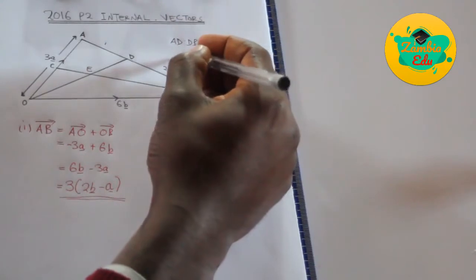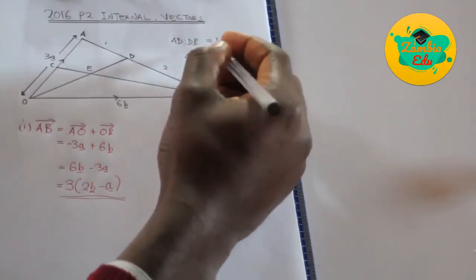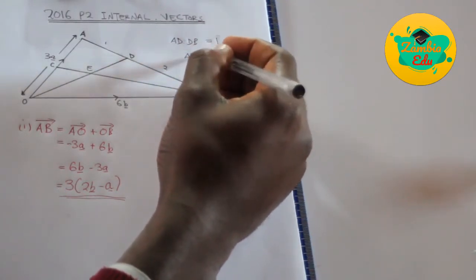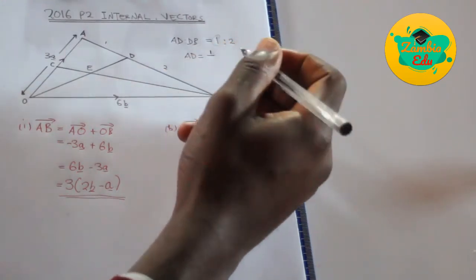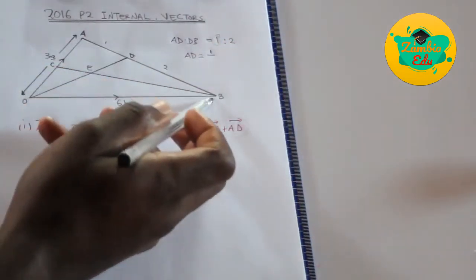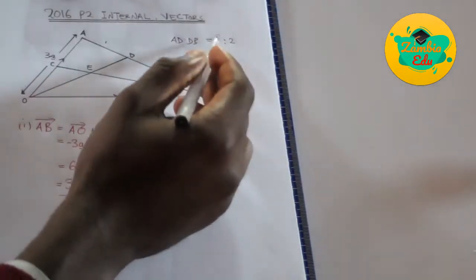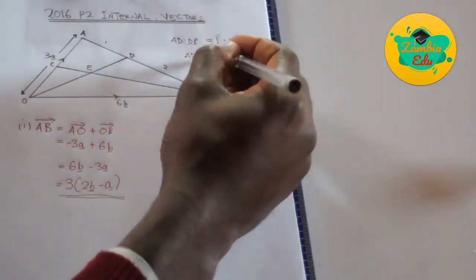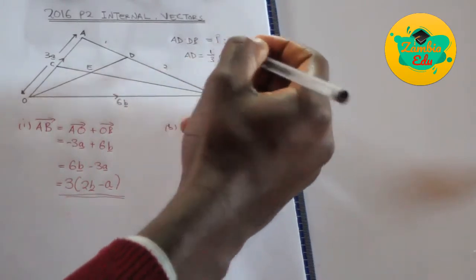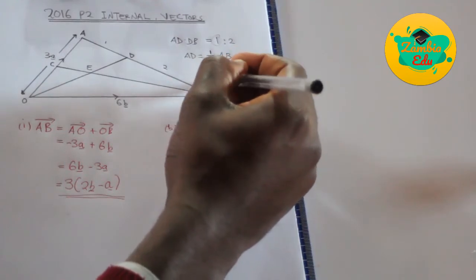According to the vector, we know that AD must be equal to, we have 1 there. That's how we interpret ratios, 1 over the total line. If you add 1 plus 2, you get 3. So we have our 3 there. But it should be 1 over 3 of what? 1 over 3 of the total line AB. And what is that? 1 over 3 of AB is literally this.